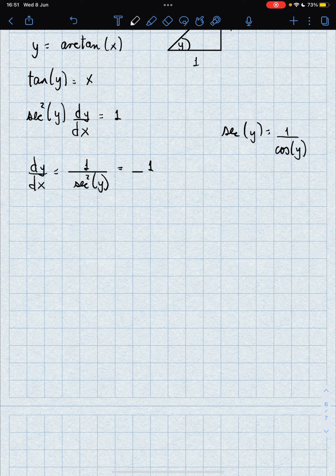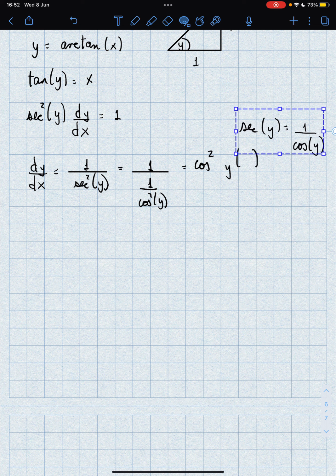So what I'm gonna have over here is 1 over 1 over cosine squared, which is cosine squared of y. Good.